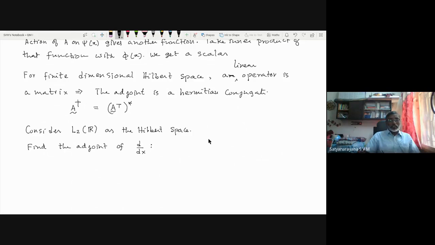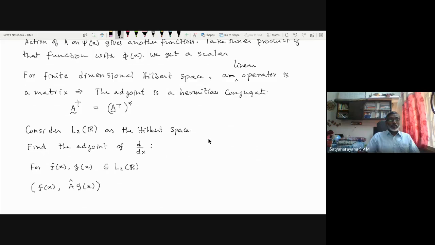Let us consider f of x comma g of x in this L2 of R. Let us consider this inner product of f of x with an operator A acting on g of x.